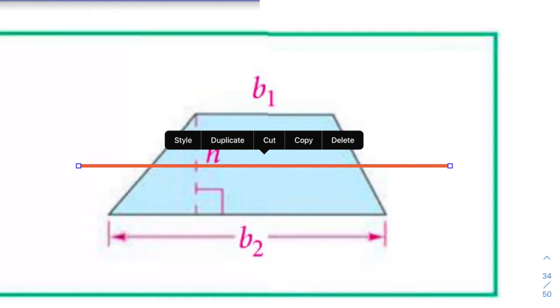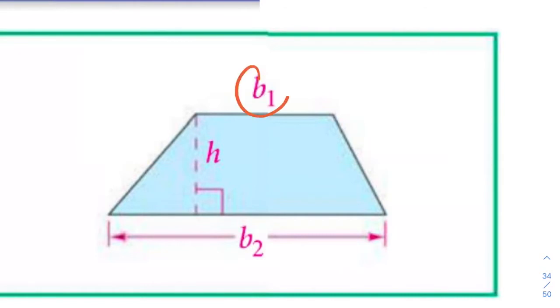Well, I think what they mean to say, and we're going to correct it, is why don't we average b1 and b2, so that one is shorter, one is longer. But if we average them, we kind of come to halfway on that triangle.